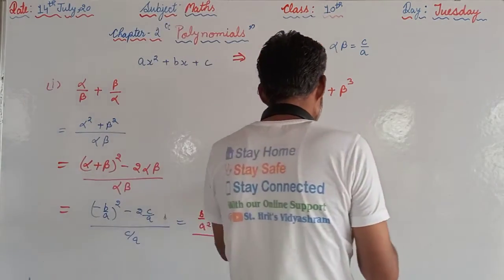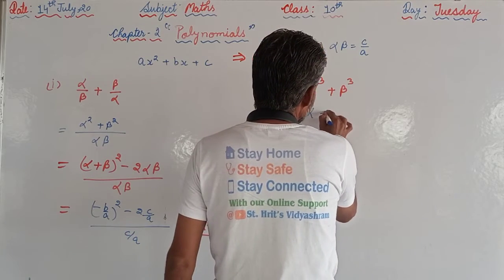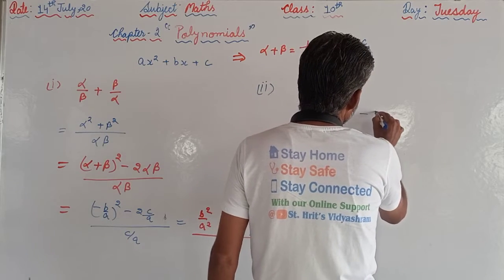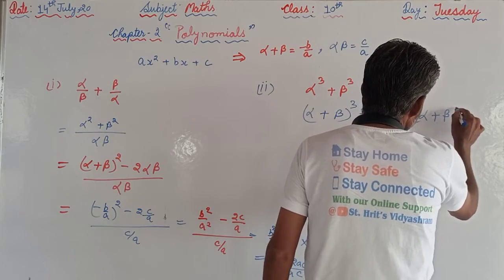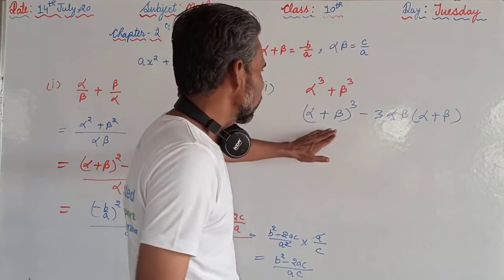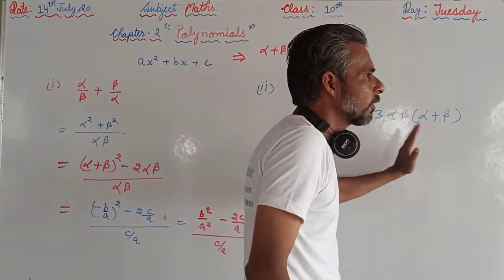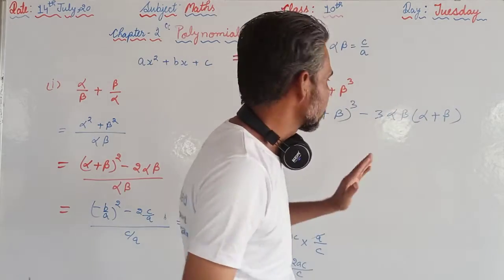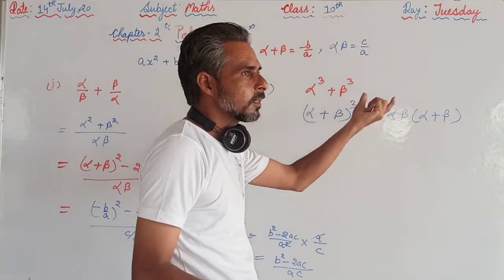Alpha cube plus beta cube is equals to, we can write that alpha plus beta whole cube minus 3 alpha beta into alpha plus beta. Because if we open that, we will get alpha cube plus beta cube plus 3 alpha beta into alpha plus beta, and this is minus, so they will cancel out each other and we will be left only with alpha cube plus beta cube.